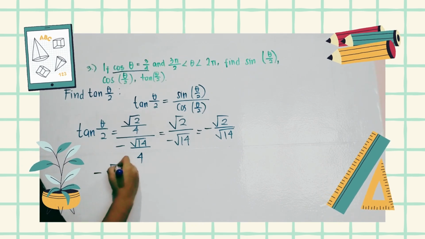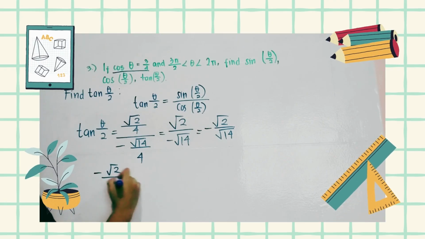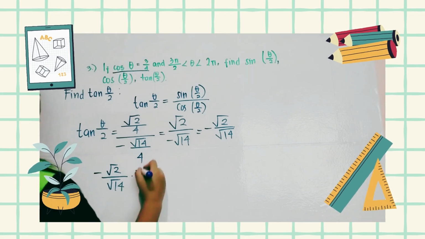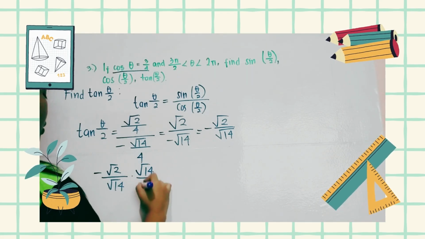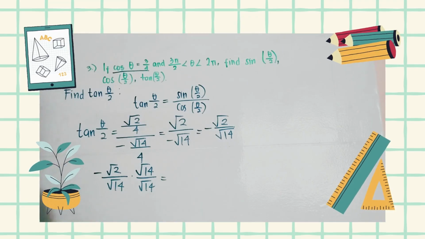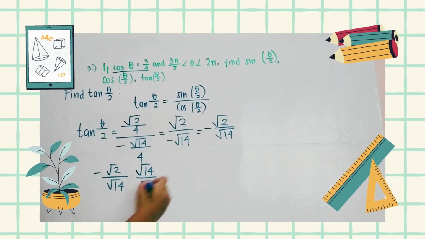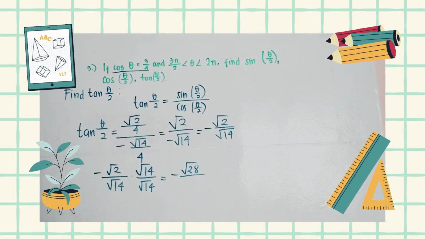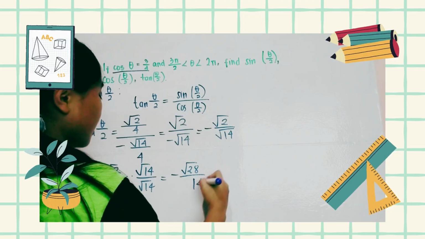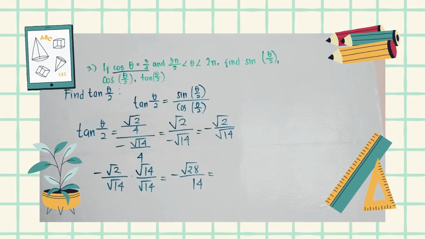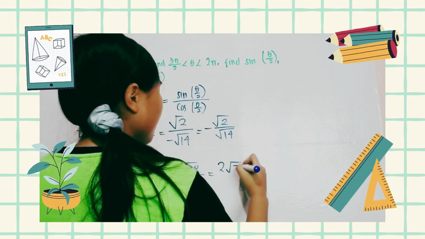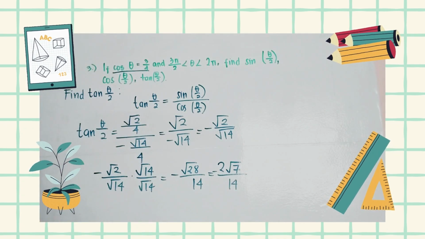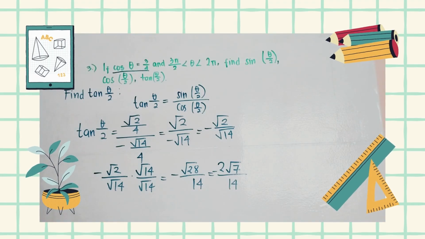So, negative square root of 2 over square root of 14 multiplied by square root of 14 over square root of 14. Now we have negative square root of 28 over 14, which can be simplified into 2 times square root of 7 over 14. We'll place the negative also.